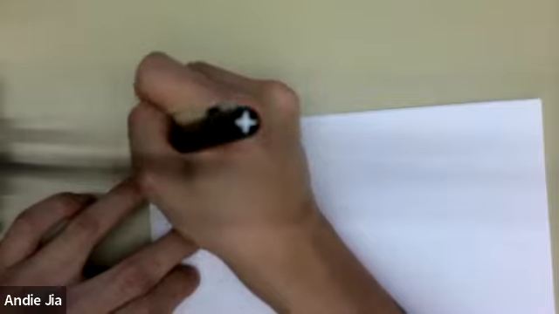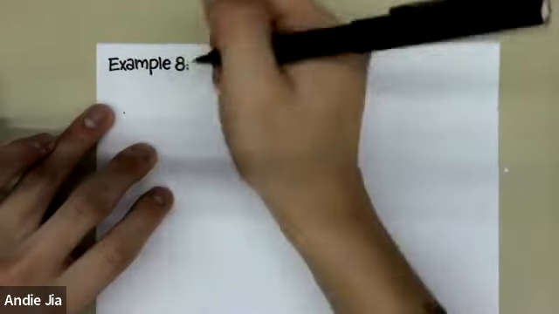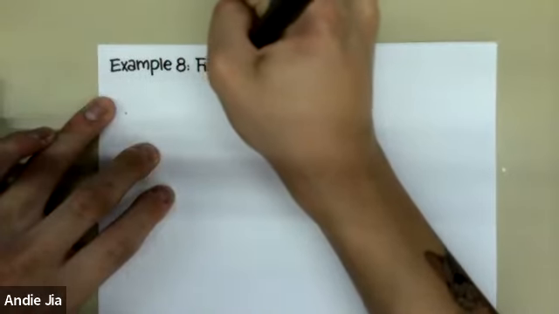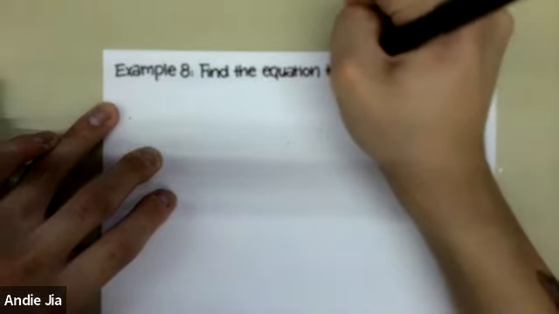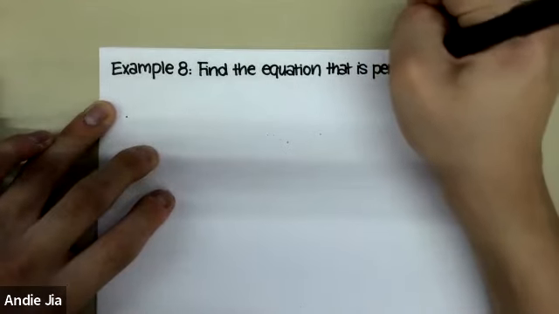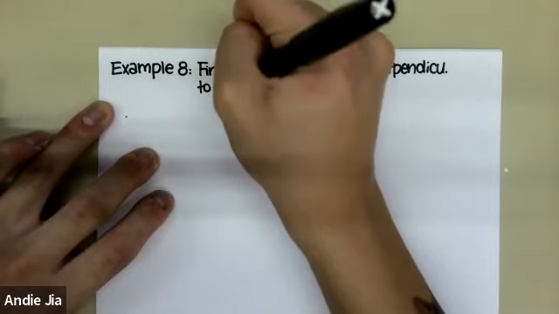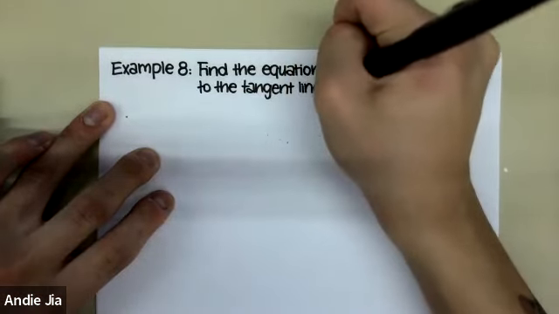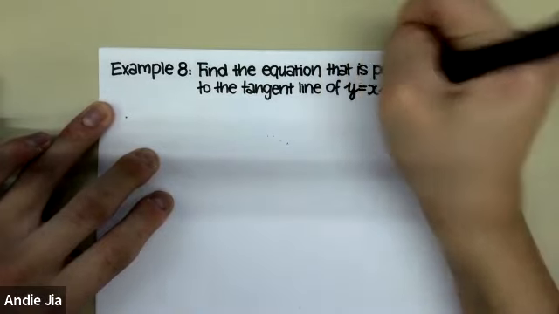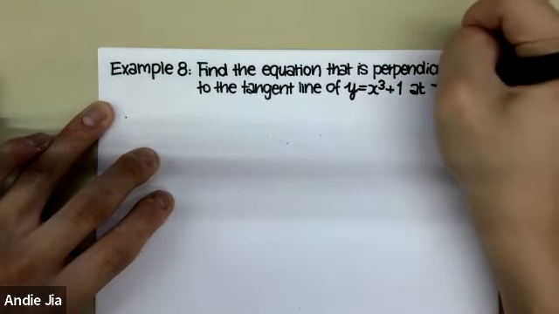Okay, let's try the last example. Find the equation of the line that is perpendicular to the tangent line of y equals x cubed plus 1 at x equal to 3.